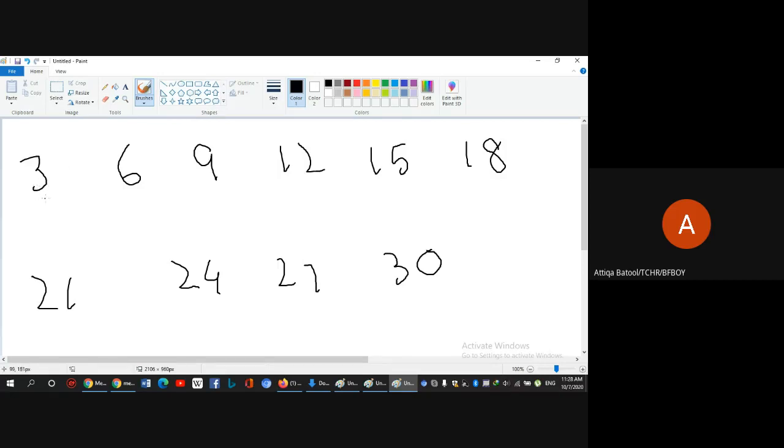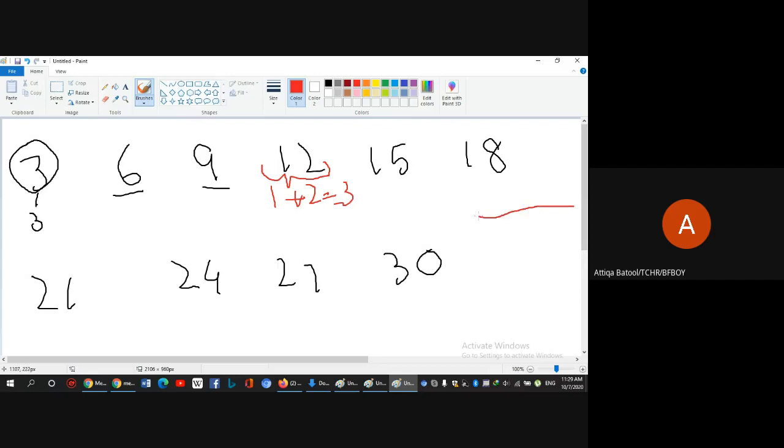There is a simple method. This is a single digit, so we can say the digital root of 3 is 3. This is also a single digit. This is also a single digit. These are two digits, so what we will do is add the digits: 1 plus 2, and the answer would be 3.